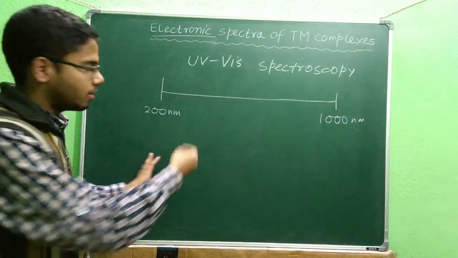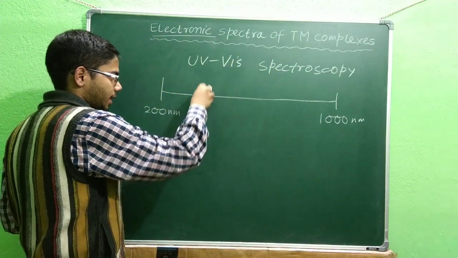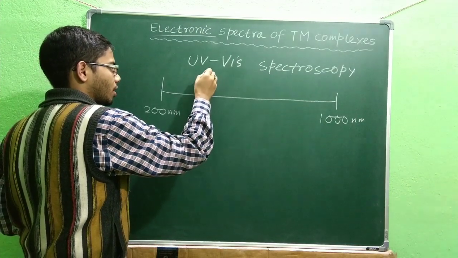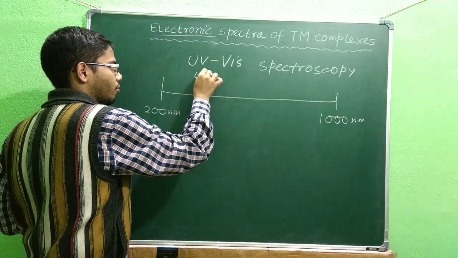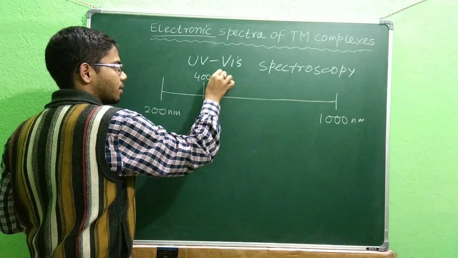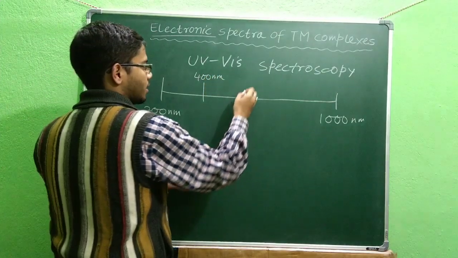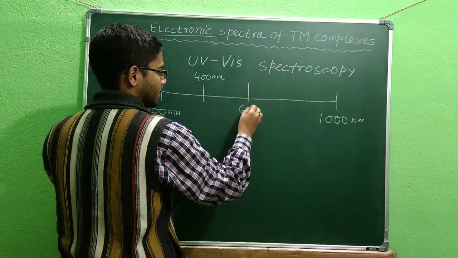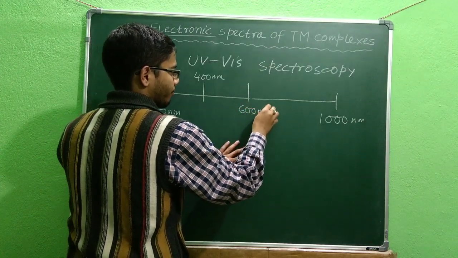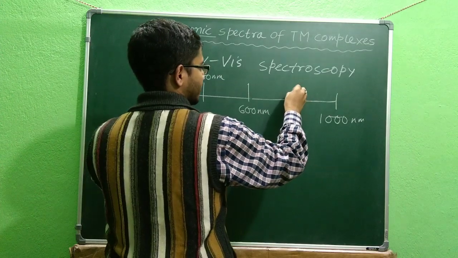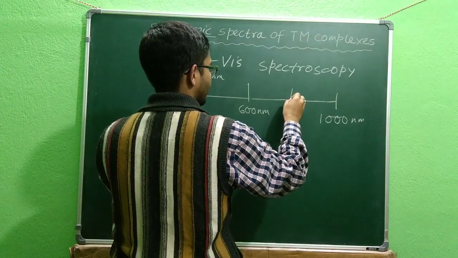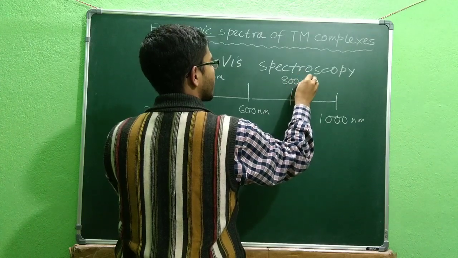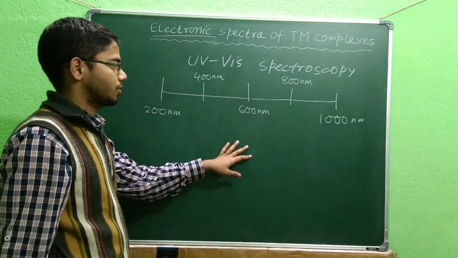Now let us divide it into several segments. This is 400 nanometer, another segment, 600 nanometer, another segment, 800 nanometer, and finally 1000.